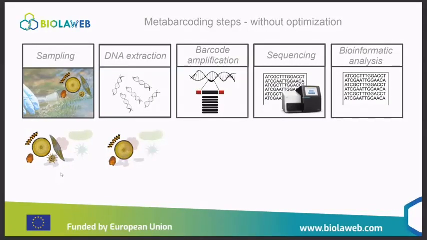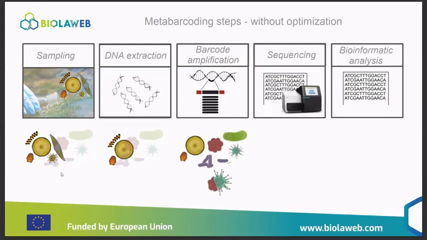If you do not optimize your DNA extraction, maybe you won't extract DNA from all the species you're interested in, you will miss some. And the worst part is, if you don't optimize your barcode, you can have heterotrophic bacterial sequences at the end, and you might not see all the sequences of the phytoplankton.